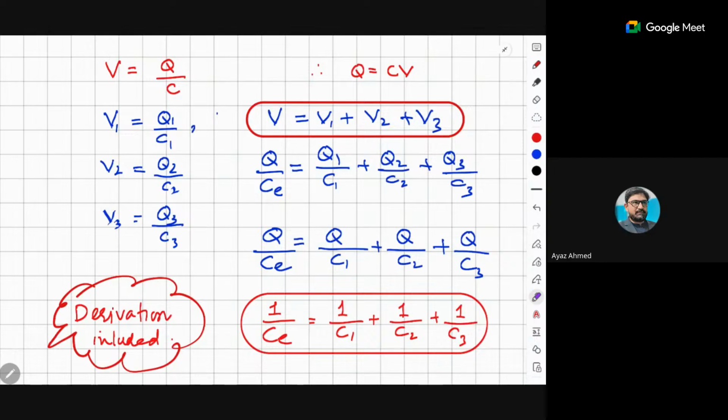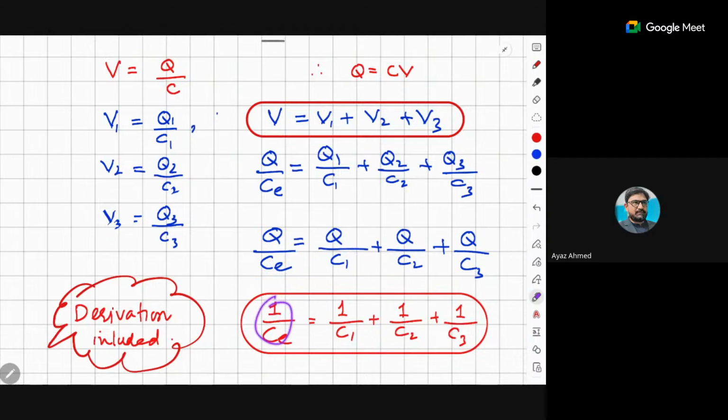Got it? If I put all these values there, Q by C equivalent is Q1 by C1 plus Q2 by C2 plus Q3 by C3. Then I simply get that charges are the same, so I took Q1, Q2, Q3 as Q. Q is taken out common and cancelled out.